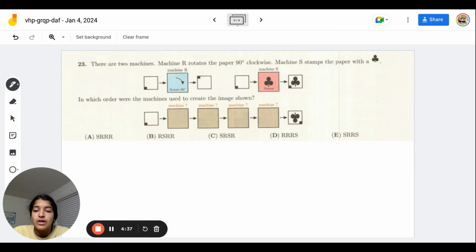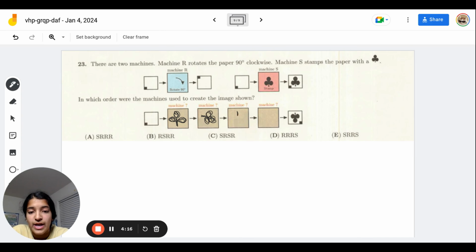So if the image was first stamped on the first one and then turned, we would see an image kind of like 1, 2, 3, right? And that's when it was stamped. And then the next one, it would be turned. So it would look kind of like this.